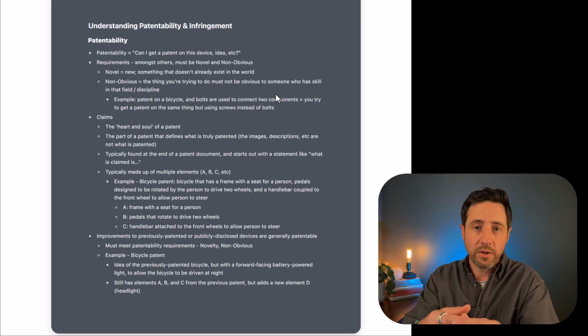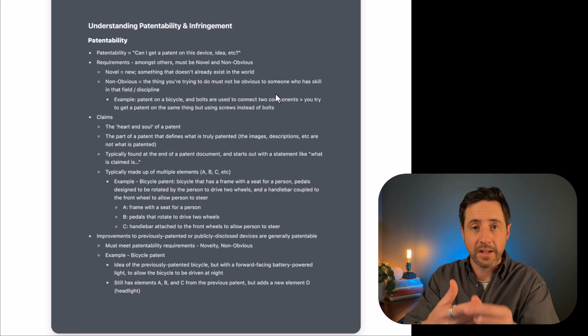So you go and you apply for a patent, and now your patent, in the claims that you would write, you would have 4 elements. So let's say you were going to write a patent and it had the same 3 first elements: the frame with a seat for a person to sit on, pedals that a person could rotate in order to move the bicycle forward, and then C is a handlebar attached to the front wheel so that you can steer the bicycle.